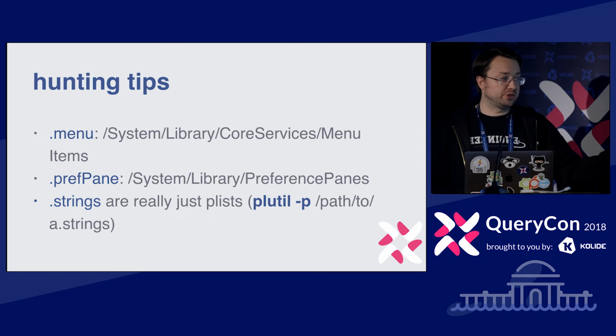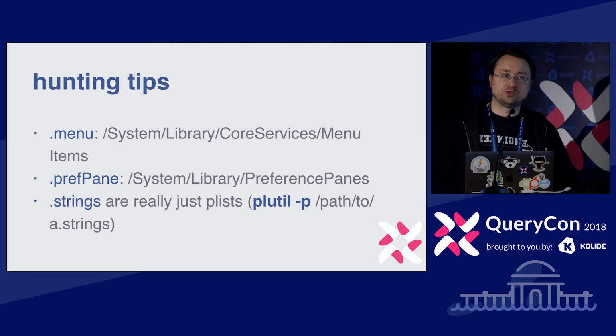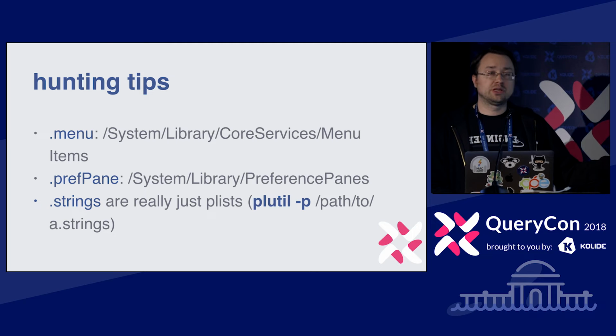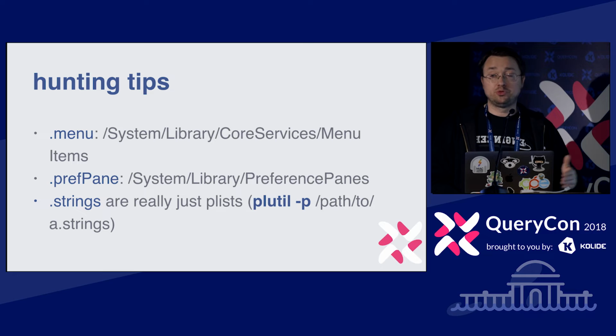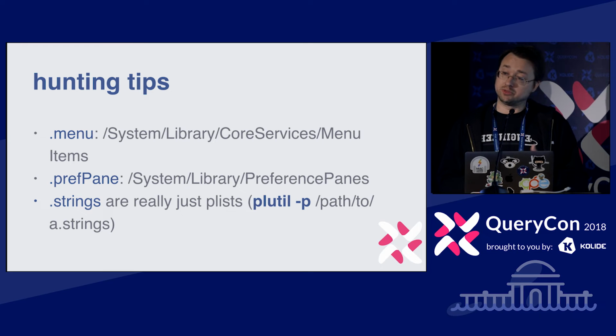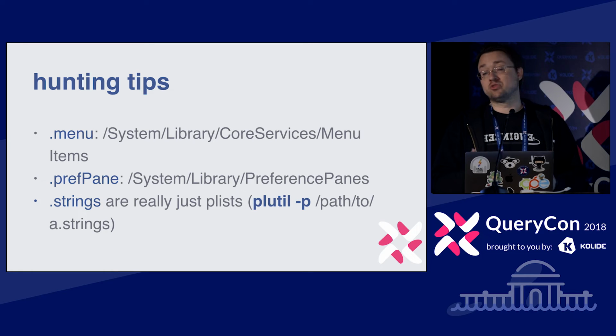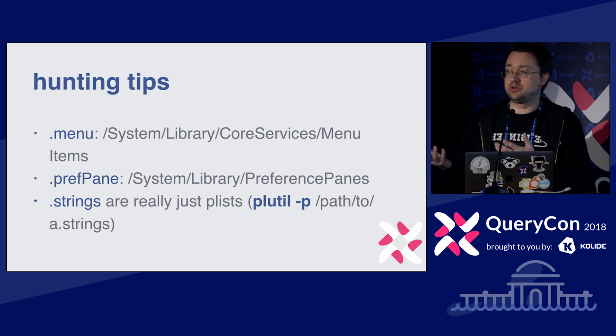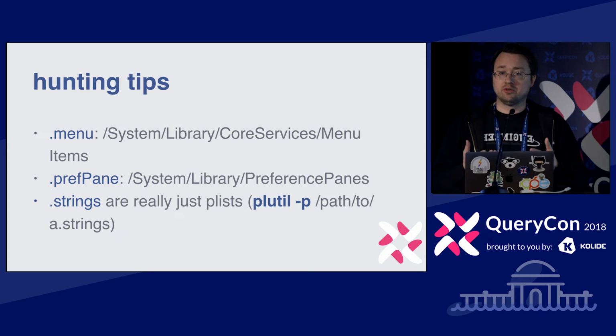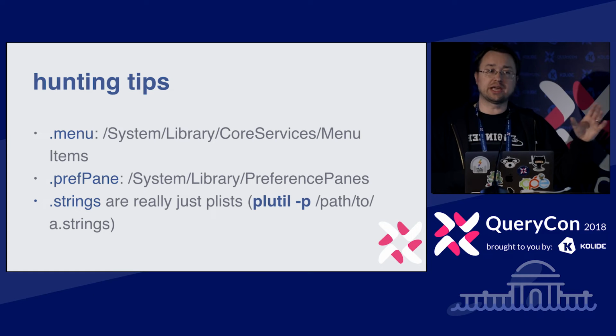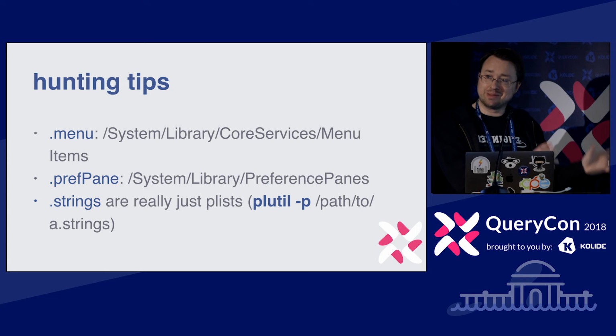Take the strings files, for instance. You'll do a search and get a hit in a strings file, and it's probably because Apple is doing their really excellent job of localization. The string you're looking for is probably the English version, or whatever your normal language is, and the code doesn't actually have the English version of that string embedded in it.